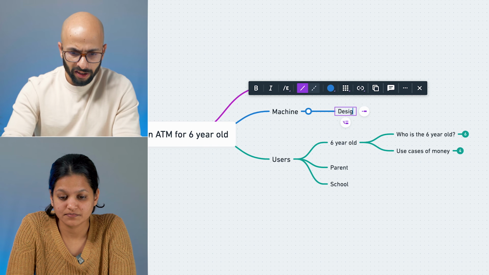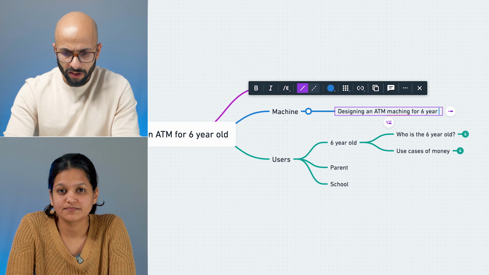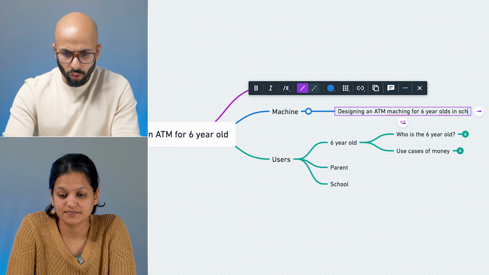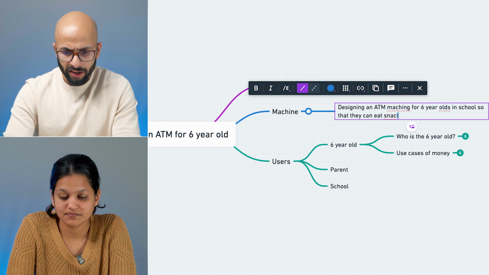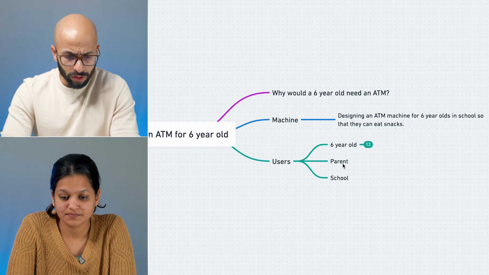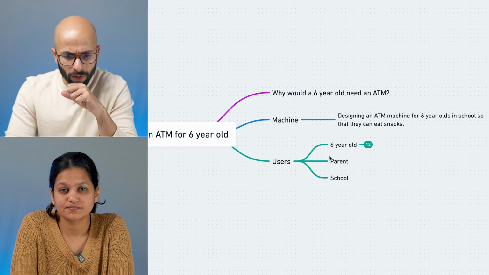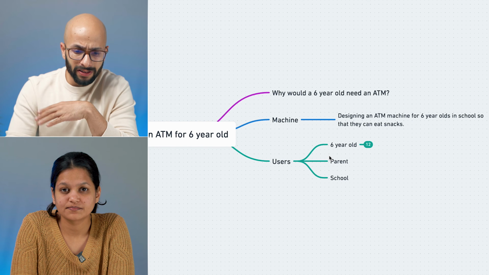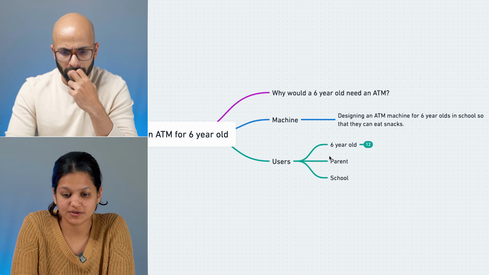So designing an ATM machine for 6-year-olds in school so that they can eat snacks is what I am going to narrow down on, and I'm going to try to understand all the users, their use cases, their problem statements, basically prioritize, and only then think of even considering if this is actually a use case. Does that sound fine for you? Yeah. Okay. Sure. All right.